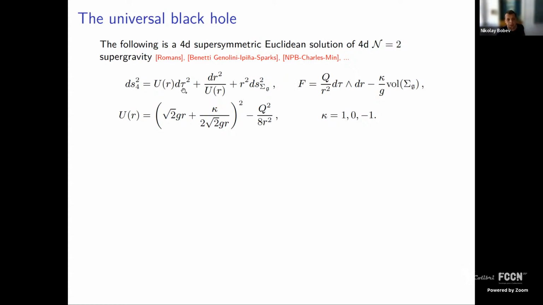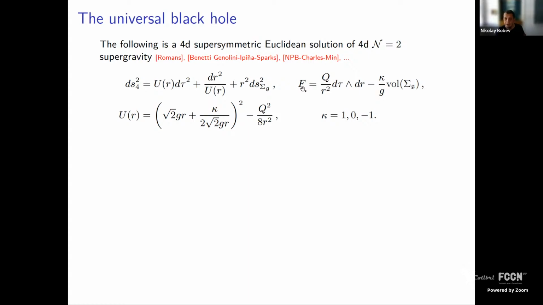So how it looks like, you have a circle parameterized by tau, you have the Riemann surface, and you have the extra direction, the radial, if you wish, of AdS. So this already looks like what I'm studying in the field theory. I have some explicit metric function U written here. g is 1 over the scale of AdS. So g is like 1 over L.